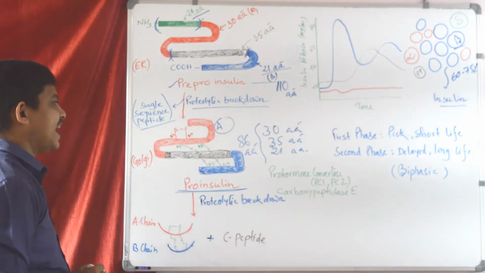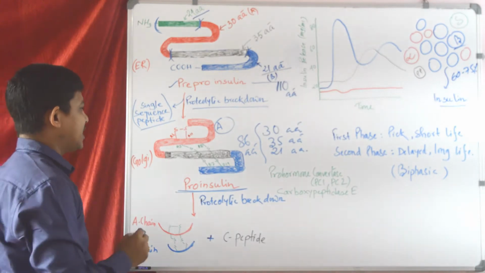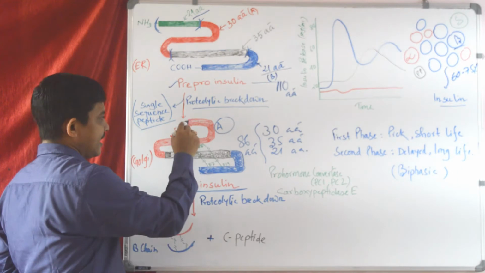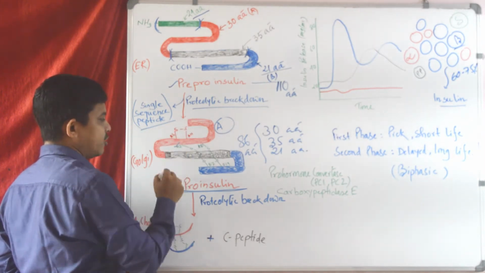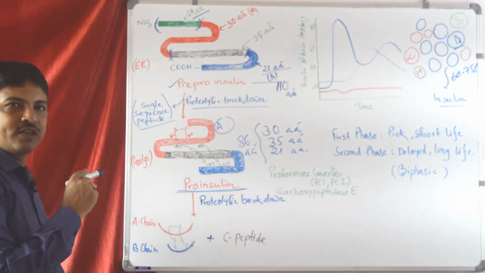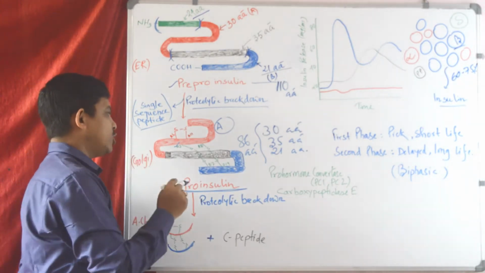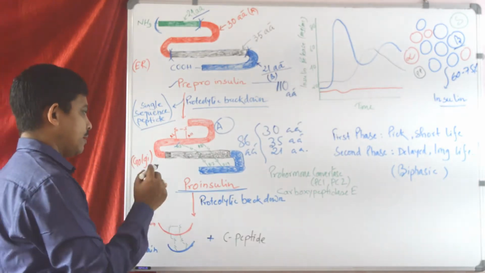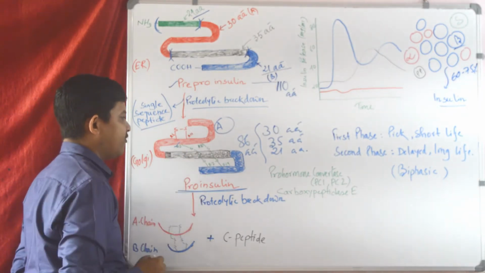A chain and B chain of the insulin, and here we can find A7, that means the 7th position amino acid in the A chain and the 7th position amino acid in the B chain. Between the 7th position amino acid of the A chain and the 7th position amino acid of the B chain, there is a disulfide bond.